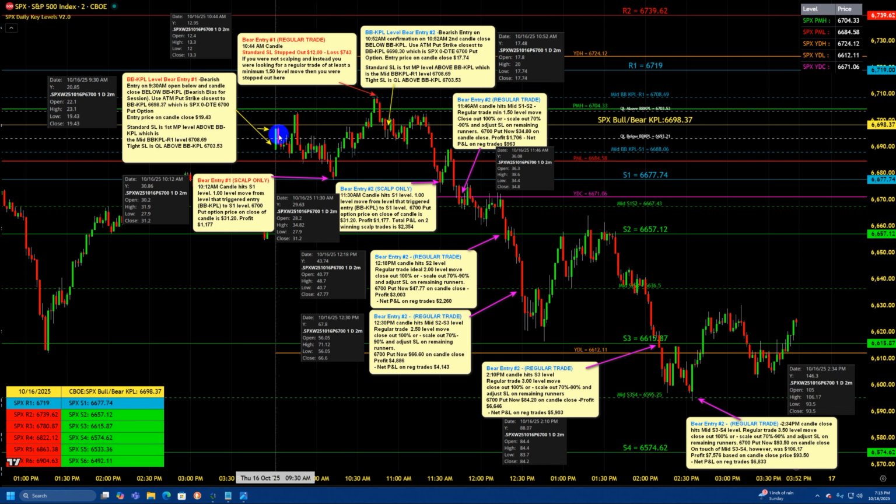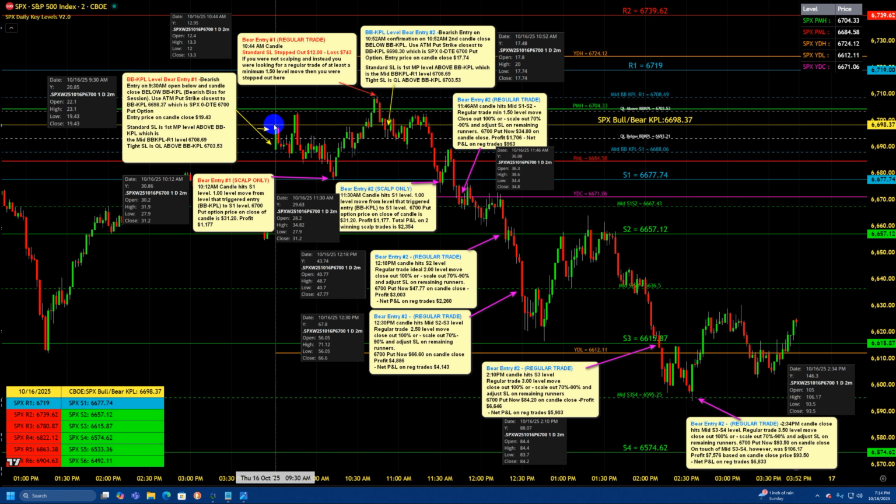Now, just to be clear, if this candle had opened above the bull bear key price level, but then crossed below it and closed below it, then that is still a bearish signal. Conversely, if this candle, like it did here, opened below the bull bear key price level, but then crossed above it and closed above it, then that instead would be a bullish entry signal.